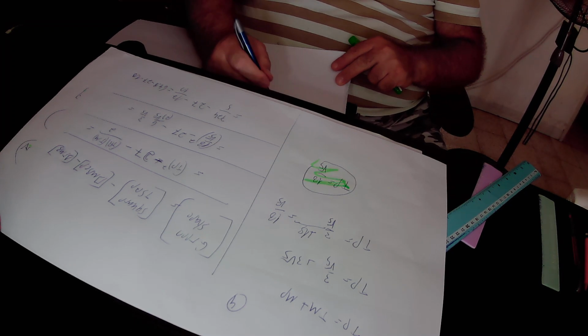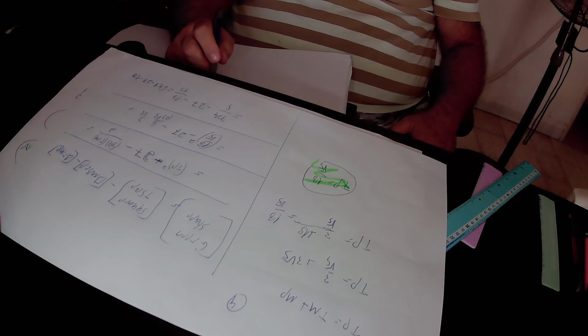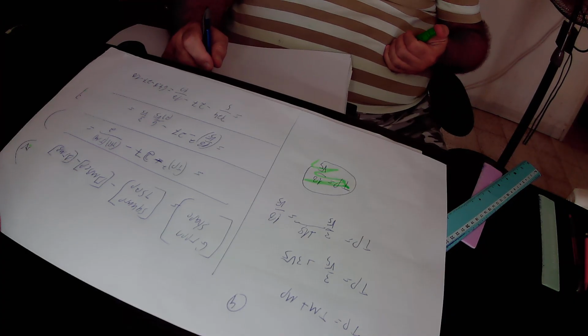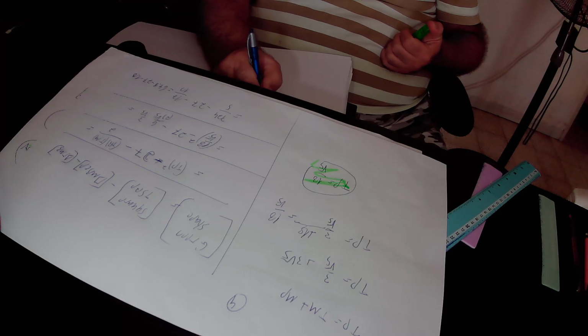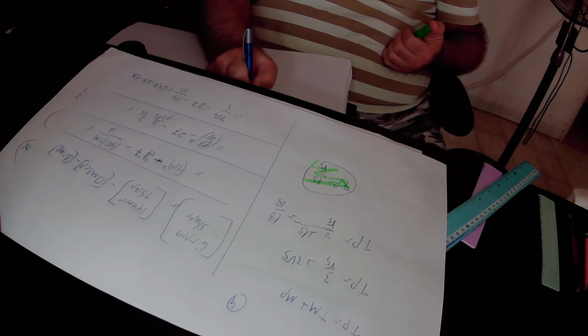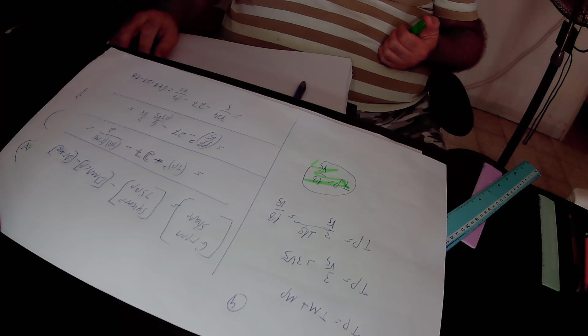And we have 64.8 minus 1.8 is 63. 63 minus 27 is 36.